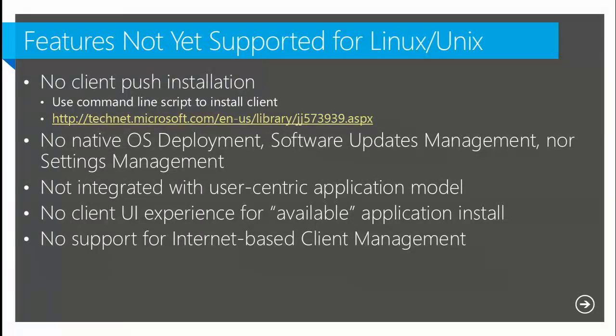And so you're not going to find options for deploying Unix and Linux clients as deployment types in your application models. And along with that, we also are not providing any end-user-facing client UI for installation of available software. We're assuming that in server scenarios, it's predominantly going to be required or mandatory deployments of software and scripts, etc., leveraging packages and programs. And finally, we do not currently support internet-based client management for Unix and Linux.